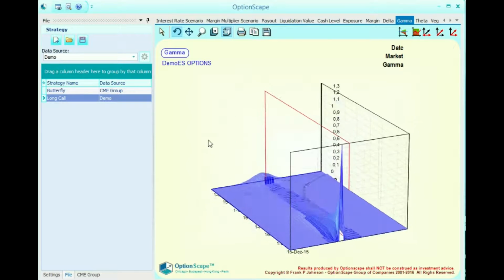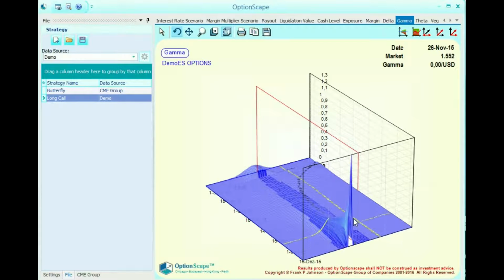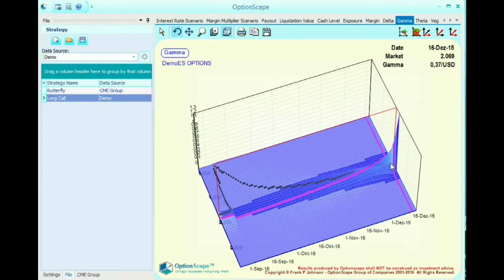When we go to the day of expiration, we have an at-the-money explosion of gamma, and here we see the details given at the point of the crossing, which is in this case at the money, near lifetime.